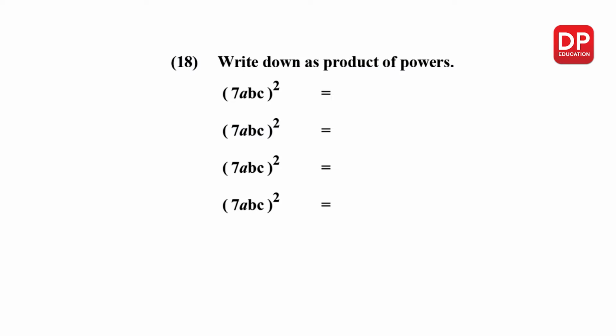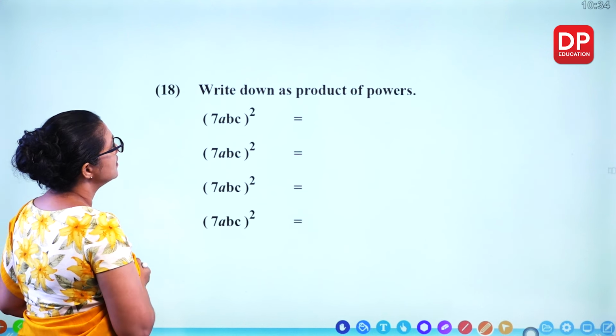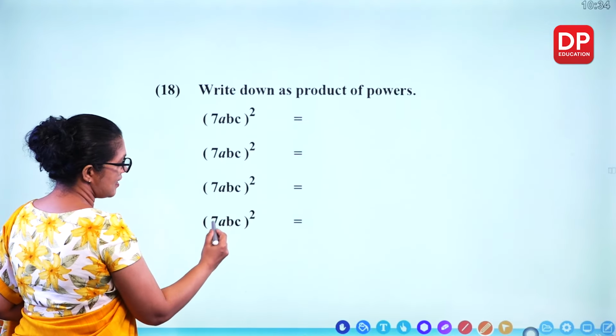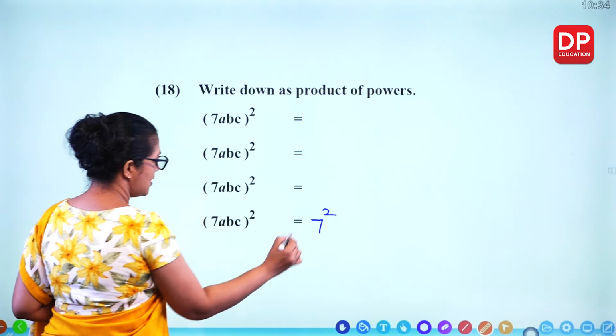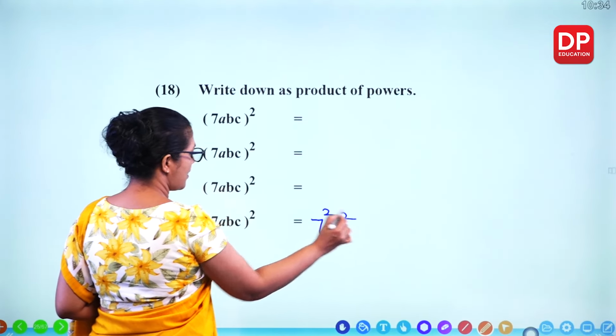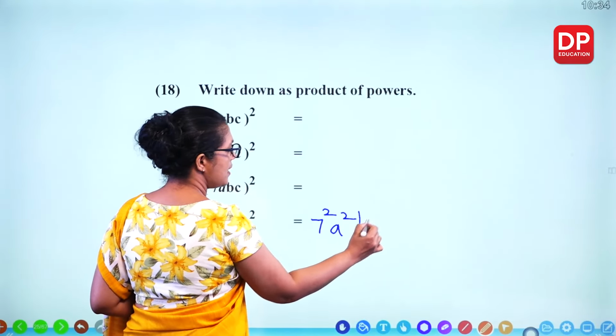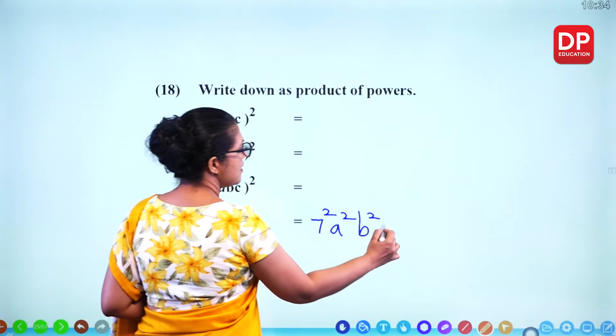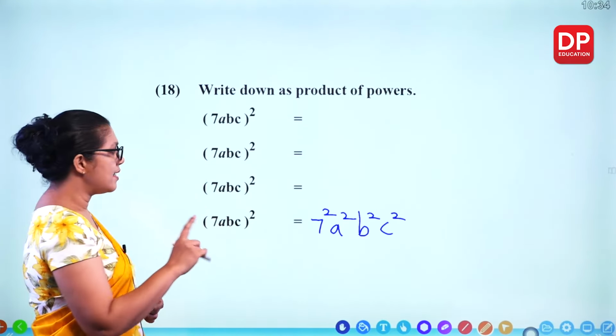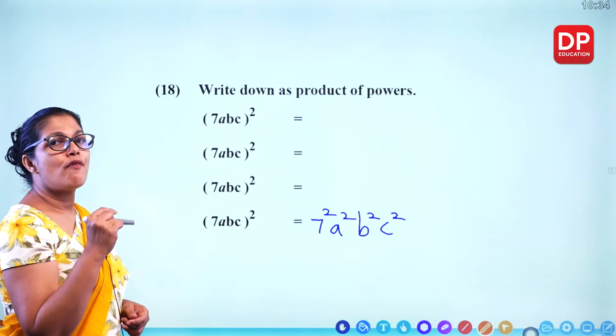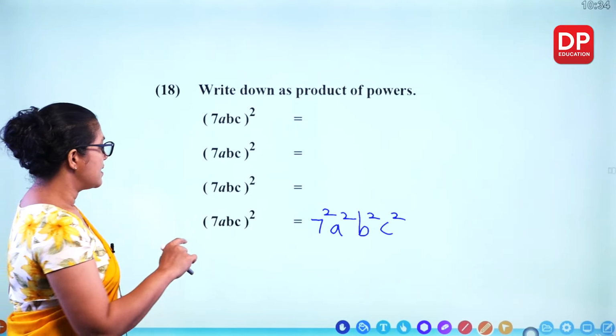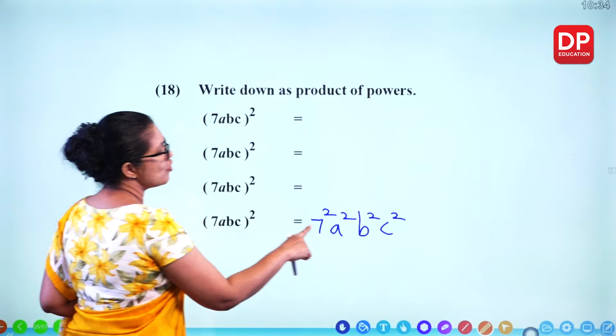Write down as a product of powers. So what's the answer? 7 squared, a squared, b squared and c squared. So you have to consider this outside power for all inside letters and numbers. So this should be the answer.